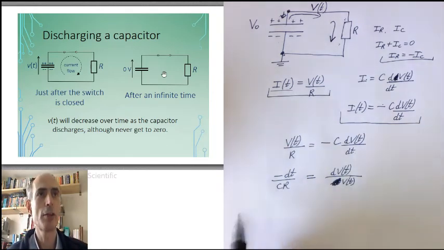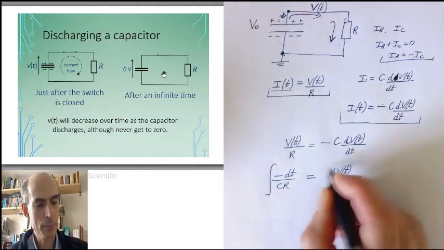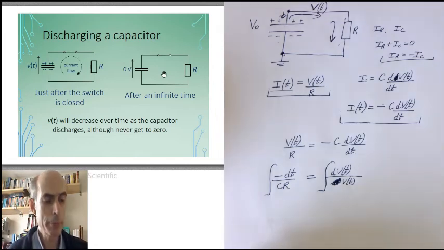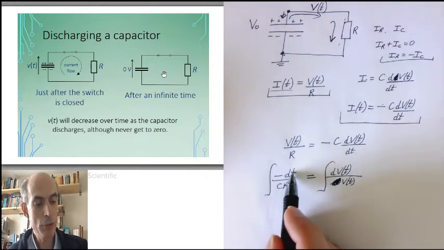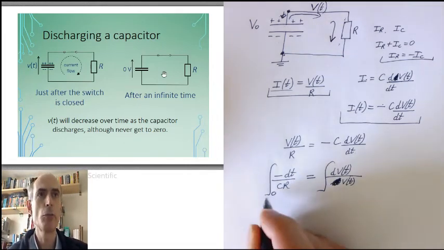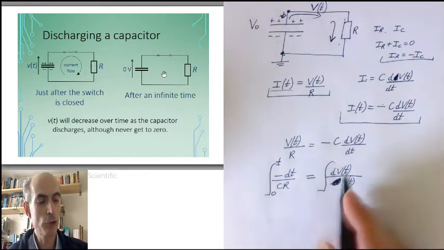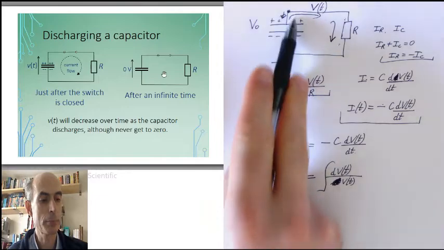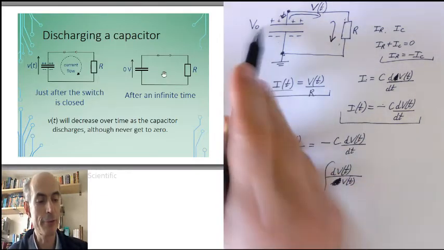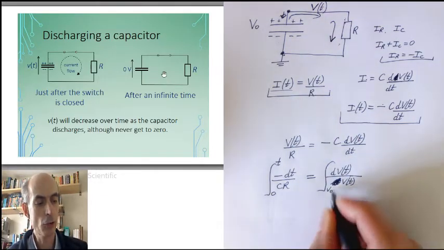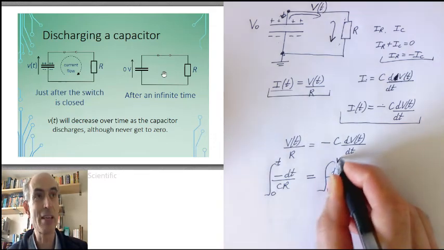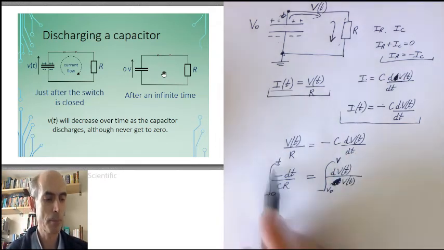And now we're ready to integrate. Limits of integration: well, the time starts at 0 and moves on to some particular time, t. The voltage across the capacitor starts at V0 and heads on to a value V some time later.